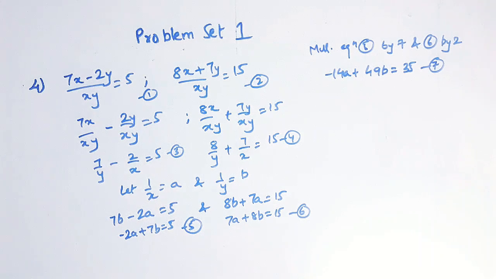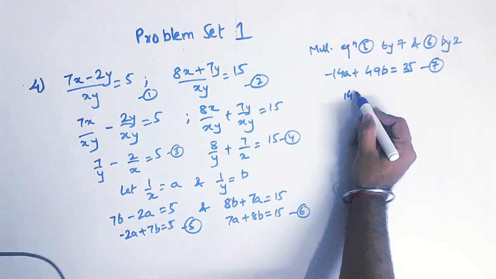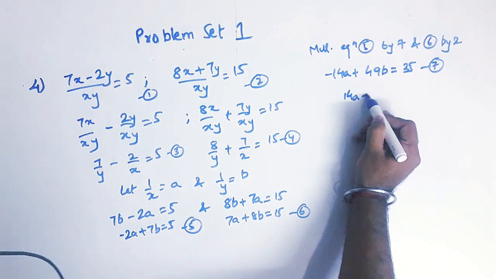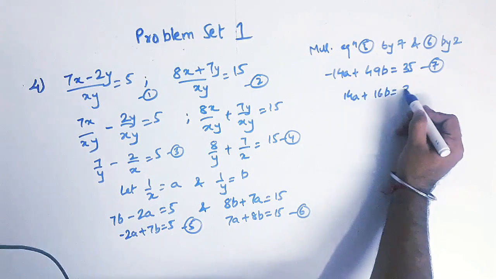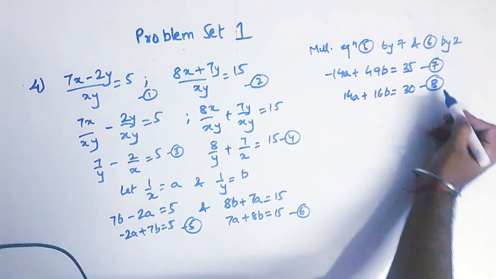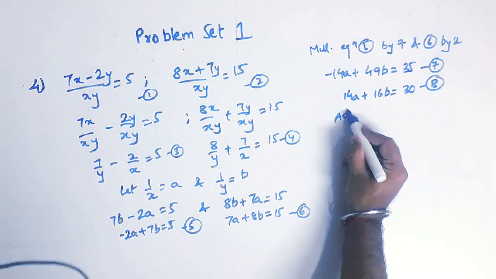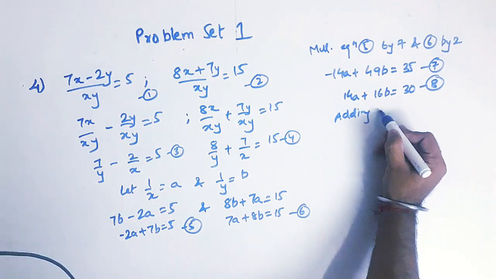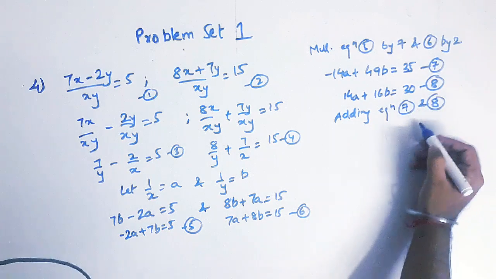Okay, and this by 2, so that is 14a plus 16b equals to 30. This is new equation, 8th one. Okay, so we'll simply add them, adding equation 7 and 8.